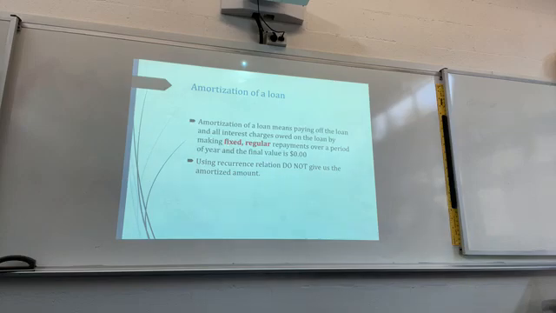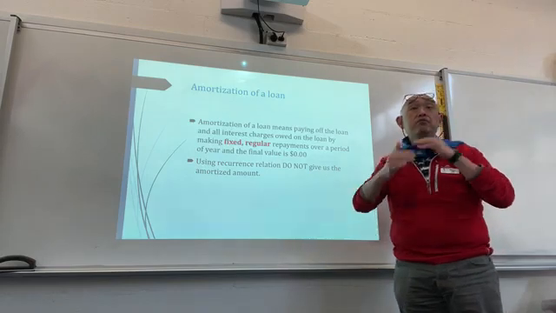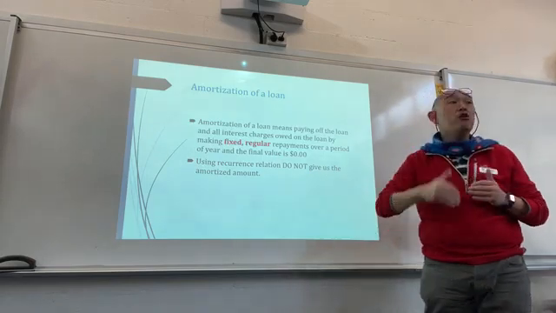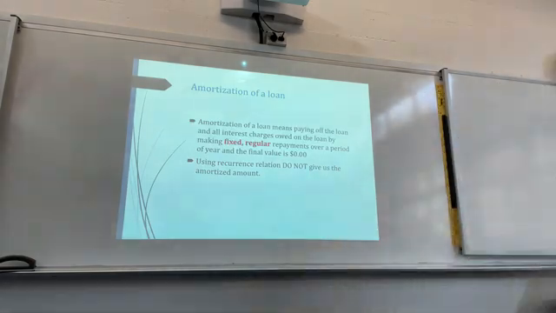Now, unless you know the amortized amount, using the recurrence relation will not actually give us the amortized amount. You need to use your ClassPad. With the ClassPad, you will be able to work out the amortized amount. So you see the difference.